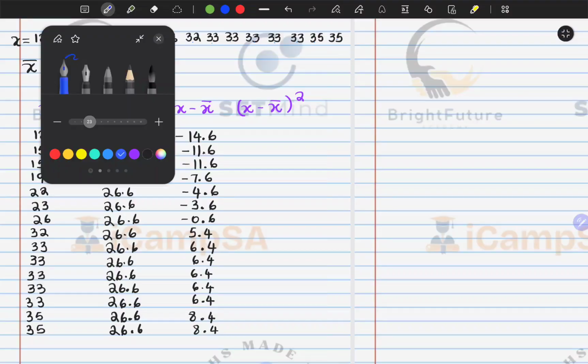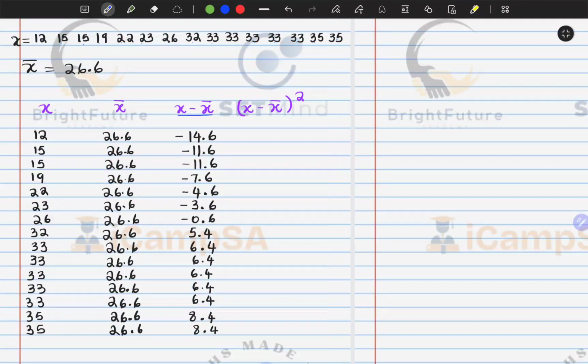So what is next is for us to square the value which we find here. If we take negative 14.6 and square it, rounding off to 2 decimal places, you'll get 213.16. Then for the next item, which is negative 11.6, you square that and you end up getting 134.56.